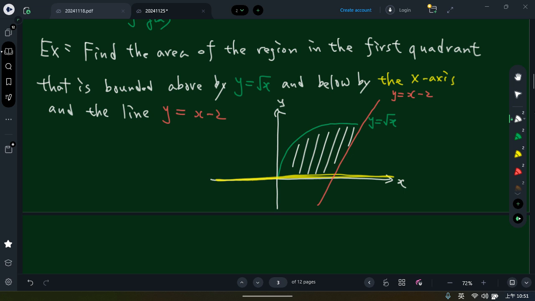So if you are given a problem like this, just remember to draw all the curves given by the problem. So you can see we have this.